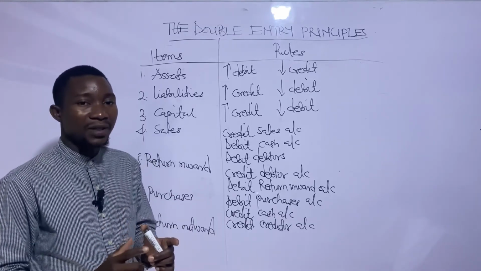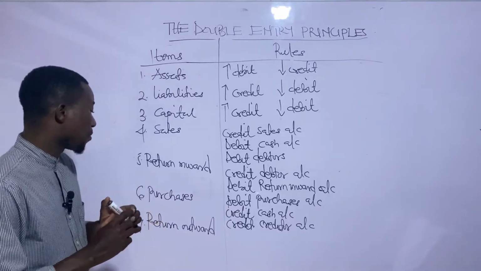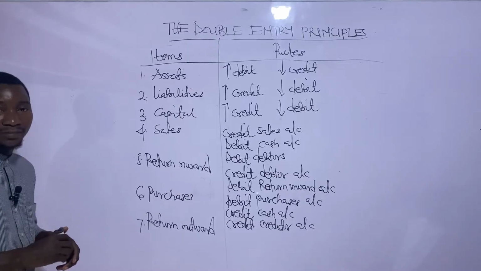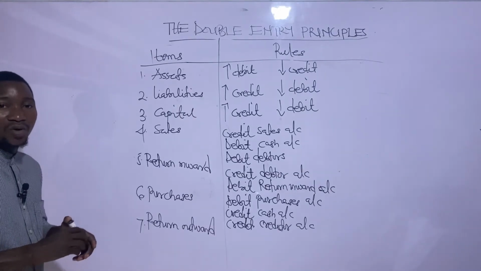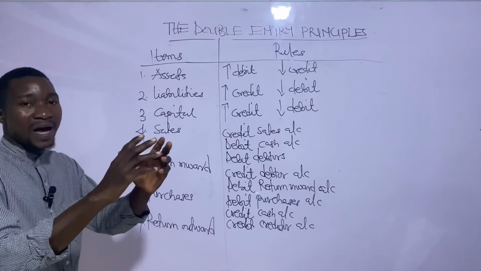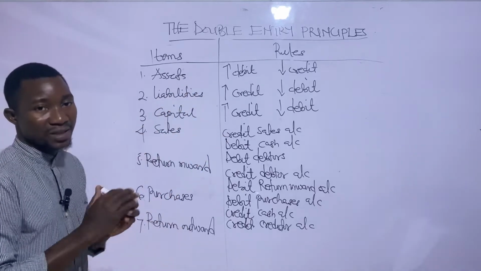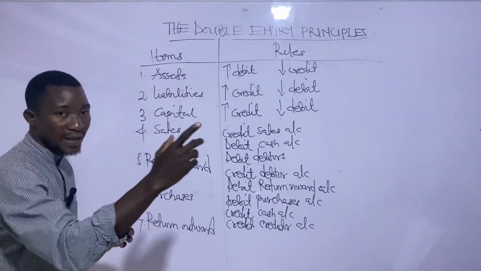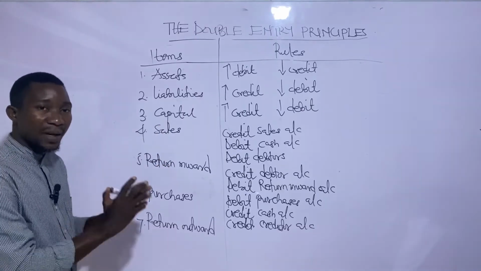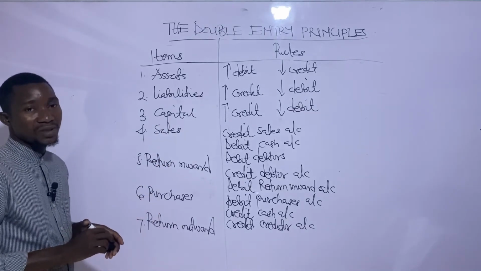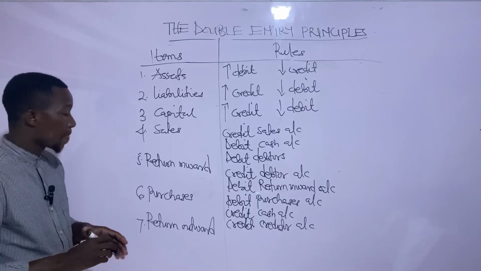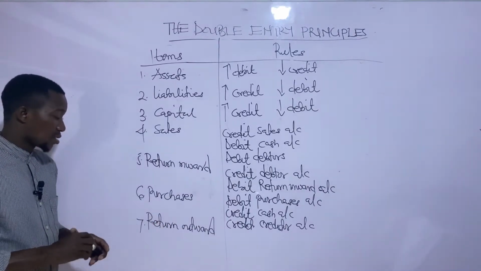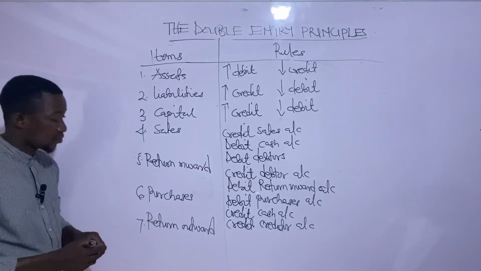So when this happens, there will be a transaction between the supplier and the return outwards. Initially the supplier has what we call a credit balance. So when we are returning, we debit the supplier's account, that is the creditor's account, then we credit return outwards account.